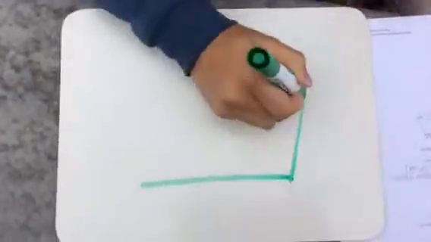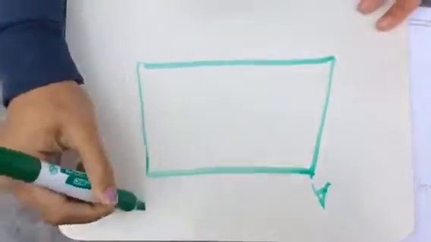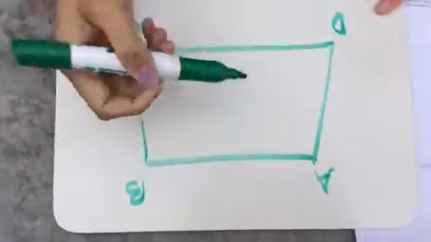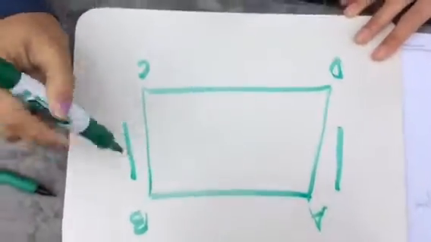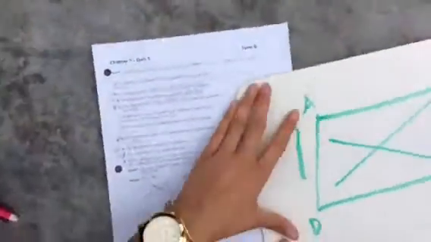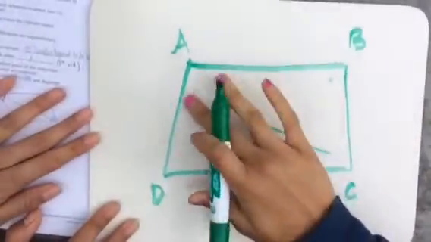Prove me wrong. Okay, so you have your trapezoid here, and this is going to be A, B, C, D. The only way that we can prove that AC and BD, the diagonals, are congruent is if all of the corresponding parts of the trapezoid are congruent. So let's prove it.